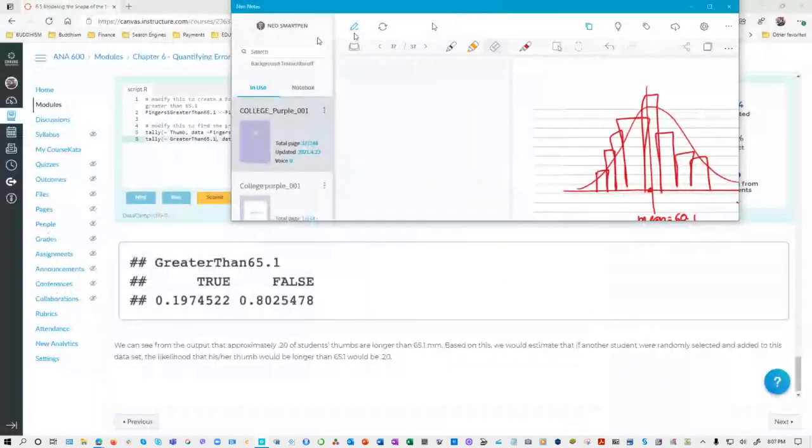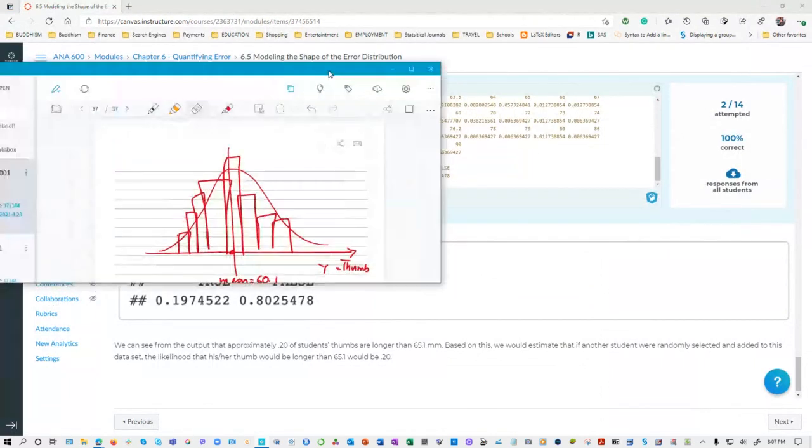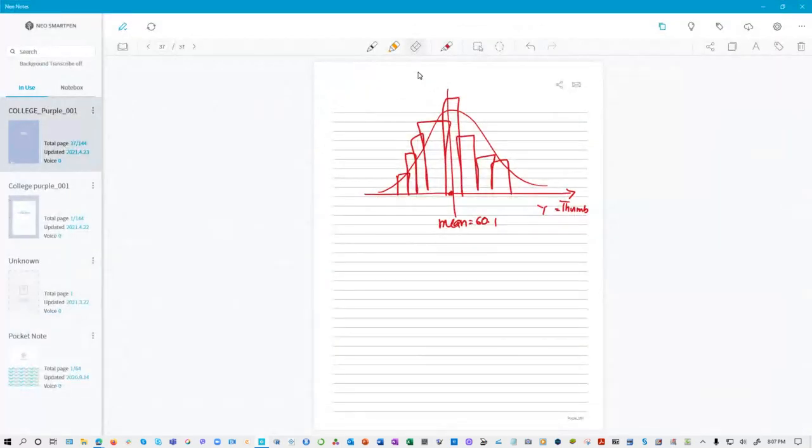Then you pick a data point which is 65.1. They were asking what is the proportion of data that's going to be more than 65.1.